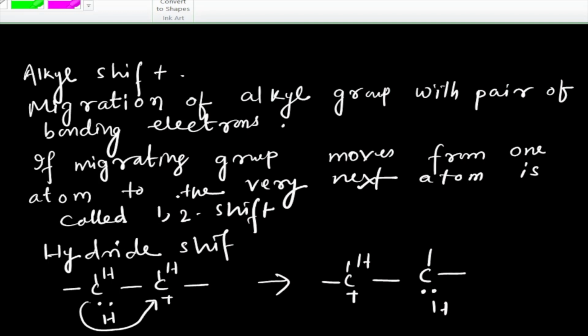The migrating group moves from one atom to another, one carbon to another carbon. Now see how hydride shift is possible. This is the hydrogen having a pair of electrons, it moves toward here and occupies the positive charge. So this is called hydride shift.